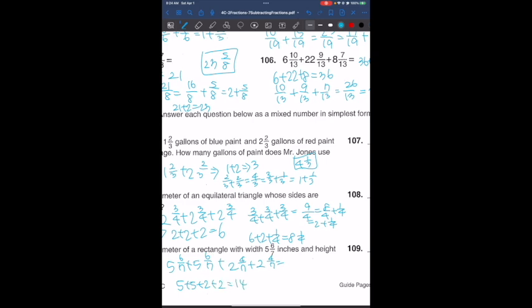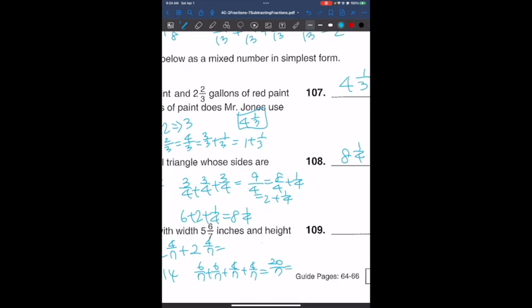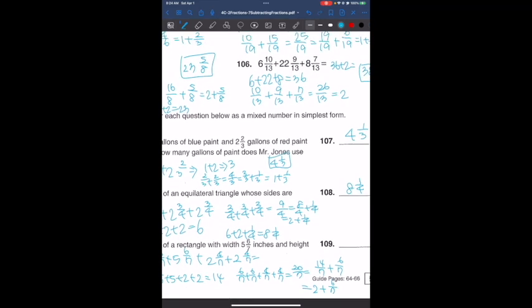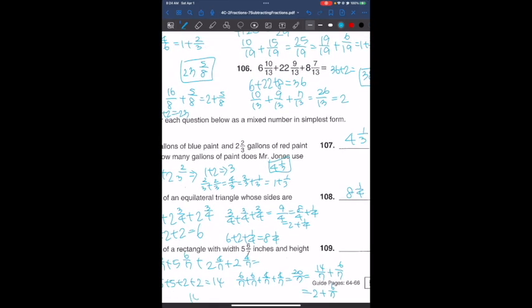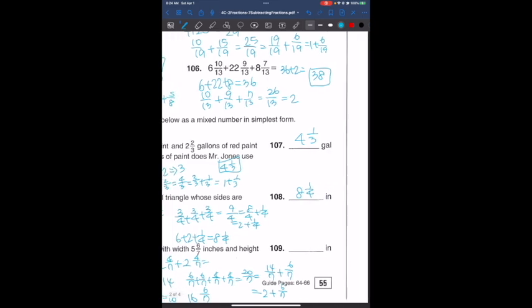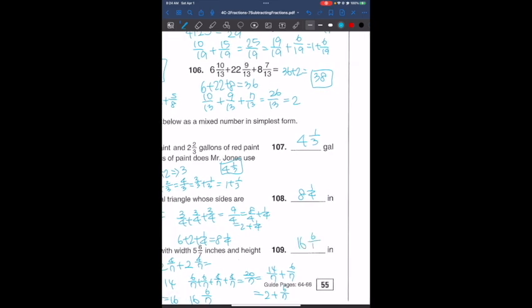That's going to be 14. And then we're going to add the fractions together. That's going to be 20 over 7. So we can write that as 14 over 7 plus 6 over 7, which is 2 plus 6 over 7. So adding the whole numbers together once more, that's going to be 16. So we're going to have 16 6/7. So it's going to be 16 6/7 inches.